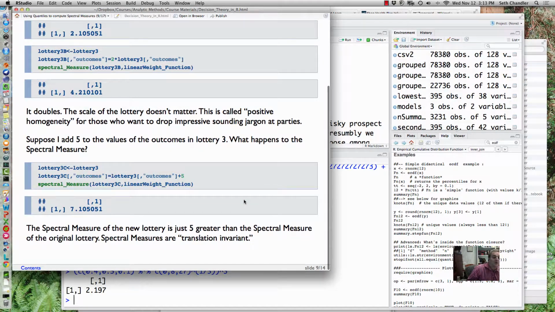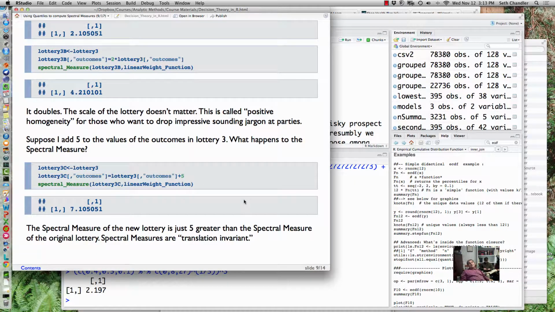Okay, so it also has translation invariance, meaning that if I add 5 to each of the numbers, I say the worst outcome is 5, the next worst outcome is 13, the next worst outcome is 32, then I just add 5 to the spectral measure to get the result. Okay, so it doesn't matter where you set your 0 point, the answer always comes out the same.